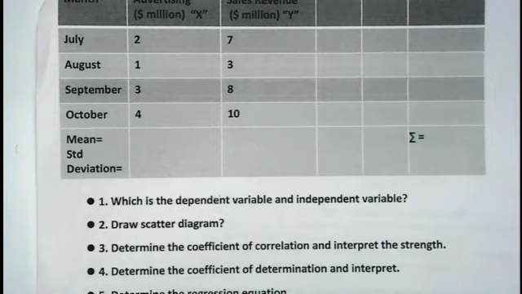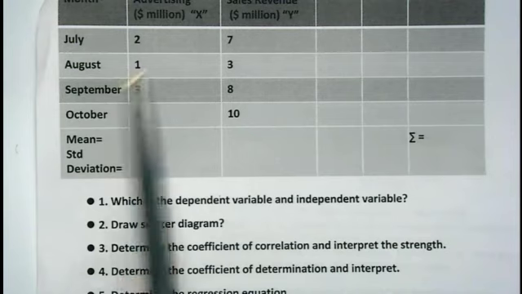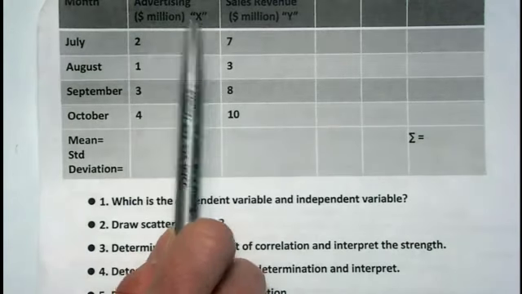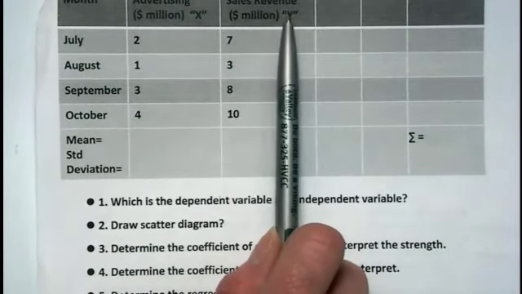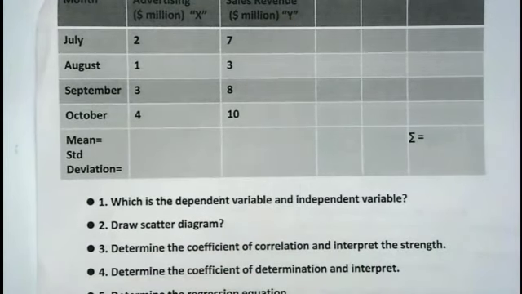Dependent is the y-axis, independent's the x. The x is the predictor. It predicts how many, in this case, how many sales. Advertising is the x, or the independent. Sales is the y, the dependent variable.